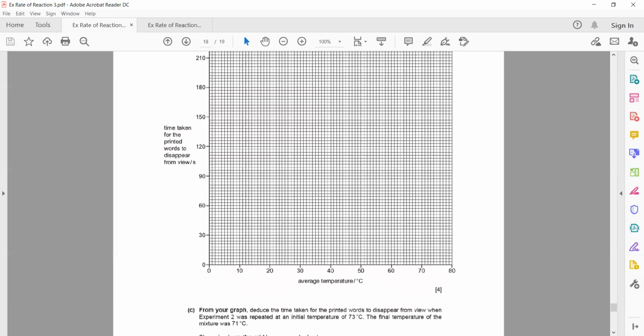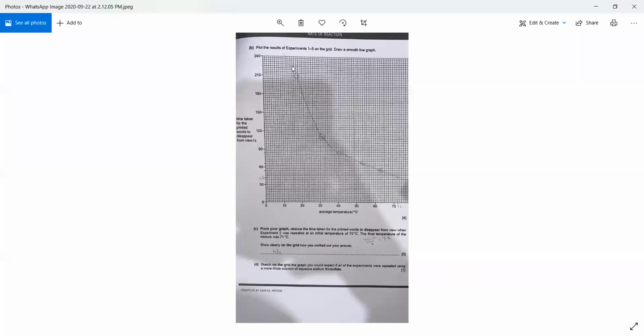Just a minute, I will show you the graph. So this one is a graph, and this graph is for average temperature. If it is for average temperature, what is the initial temperature? 73. What is the final temperature? 71. So what will be the average temperature? 73 plus 71 divided by 2. So the average temperature will be 72.